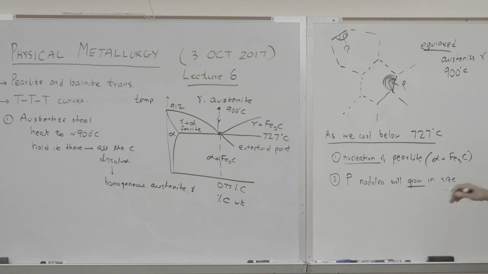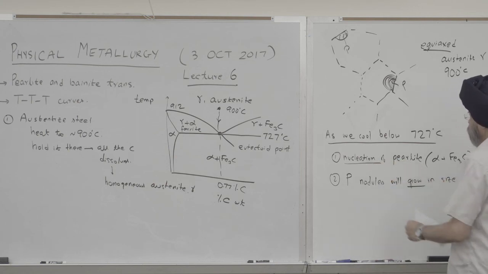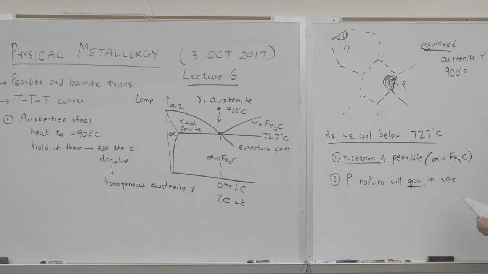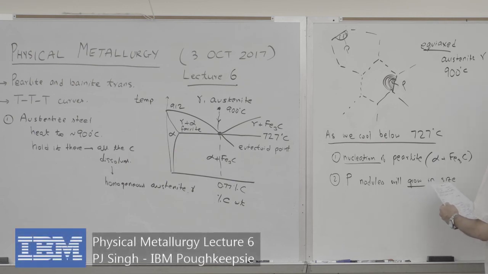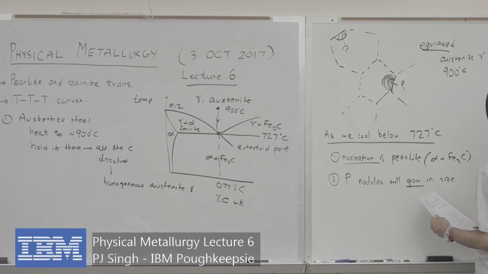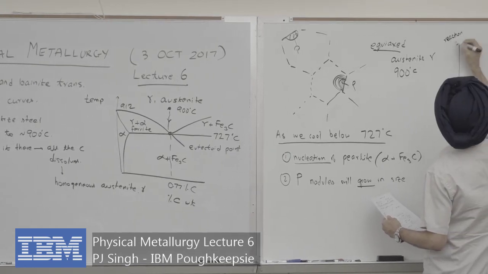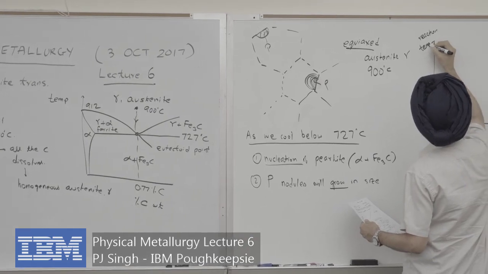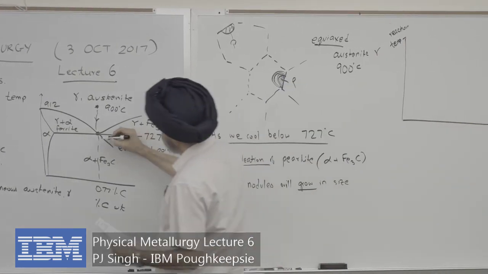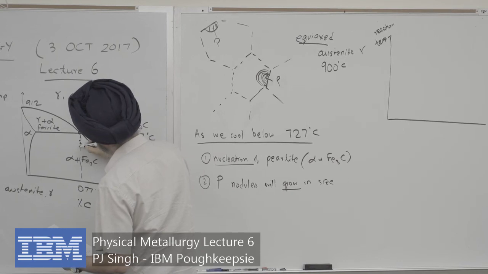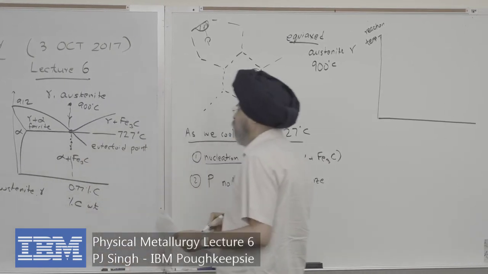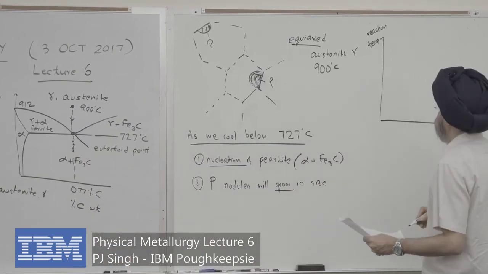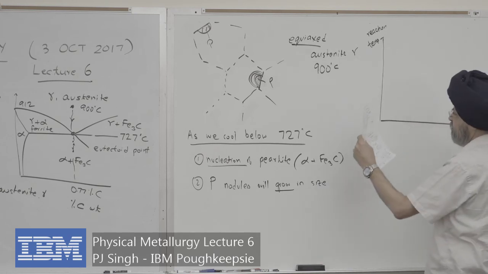Now, what about the rate of nucleation and the rate of growth? So if I were to draw that, so let's draw, so vertical axis is reaction temperature. So that's the temperature over here. So this is the temperature of the steel as it's being cooled. So we call that the reaction temperature.